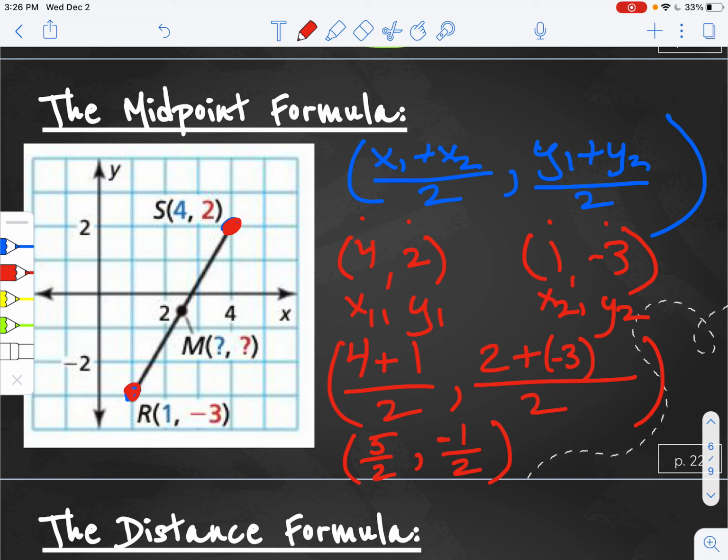So what that tells us is that the midpoint of this line segment SR is 5 over 2, so that's about 2.5, and negative 1/2. So if 1 is here, negative 1/2 is about here. So this point right there would be our midpoint.